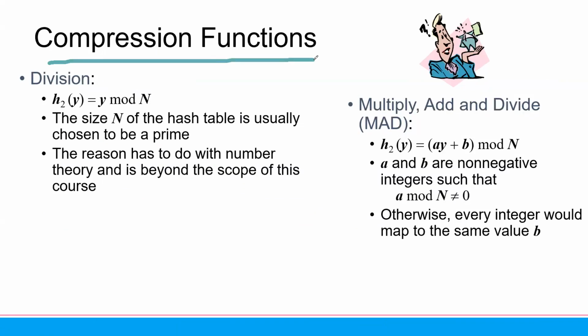We want to put the integers into our array. We have integers, but how can we place them into the array? The easy one is using mod. If we have n equal to 10, then we just mod 10. If we have an array of size 10,000, then we just mod 10,000.